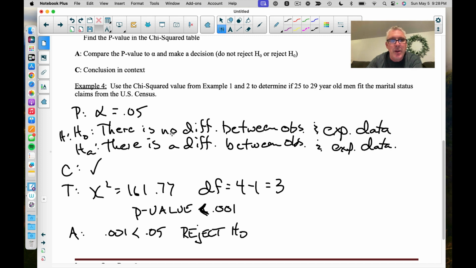That means we're going with the alternative, which means there is a difference between the observed and expected. They were far enough apart for us to say, oh, those aren't close. They're too far apart. That would be our conclusion. If the p-value was greater, we would not reject the null, which means we would say there is no difference because they're close enough.